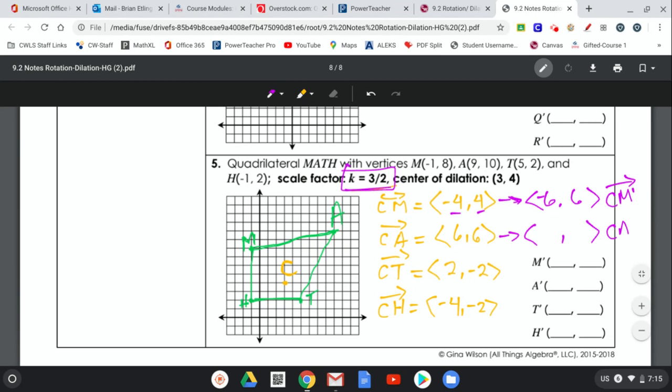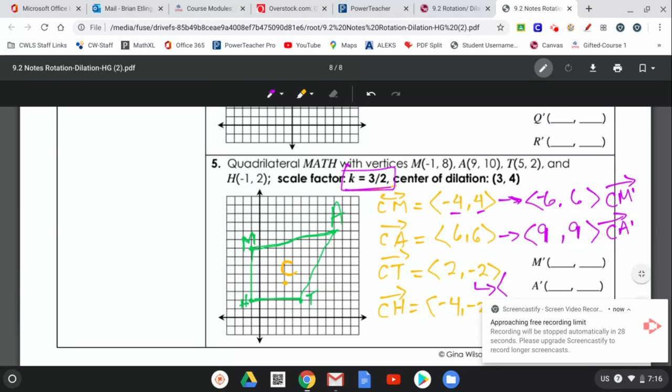Okay, going to C A prime, all right? We do 6 times 3/2, that's going to be 9, and 9, it's the same value. All right, when we do CT, that is going to be 2 times 3/2 is going to be 3, and -2 times 3/2 is going to be -3.